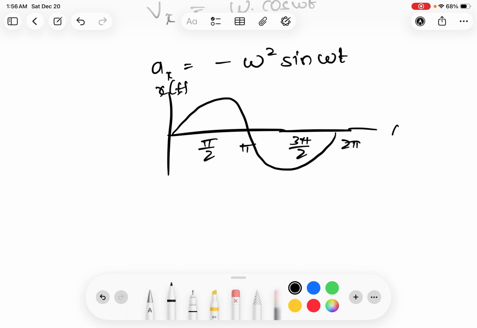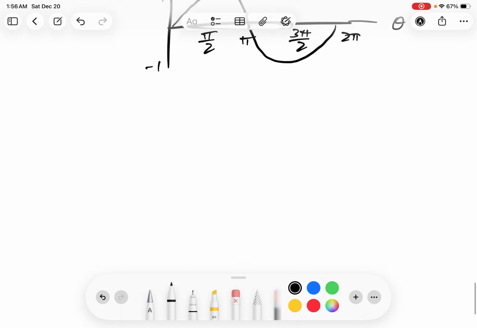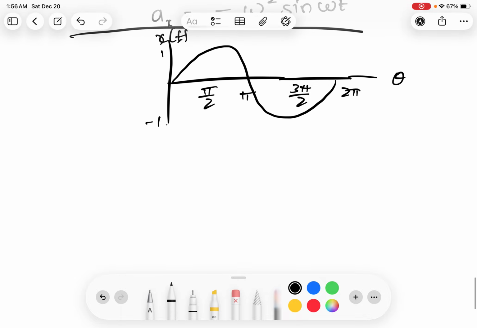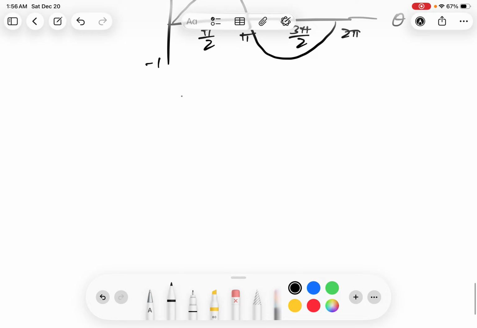This is just theta, the angle. This is 1, this is minus 1. Since it is just like a sine function, it would only take 1 and minus 1. Velocity would be just out of phase by exactly pi, so I mean exactly pi by 2.